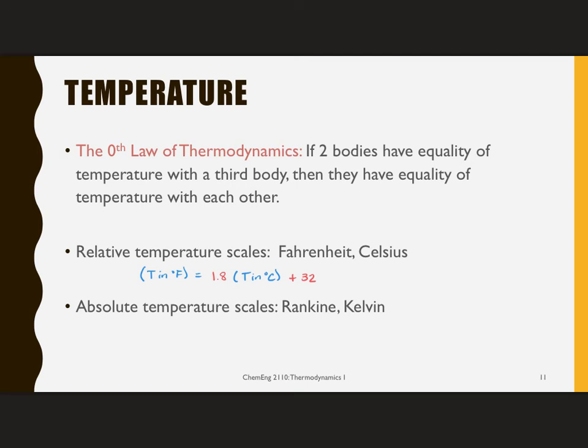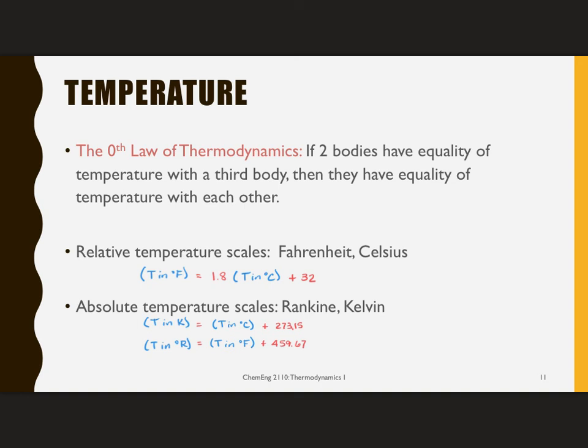The absolute temperature scale in English units, or American engineering, is the Rankine scale, and in SI units it is the Kelvin scale. To convert those, if I had temperature in degrees C, I'll add 273.15 to get temperature in Kelvin for SI.